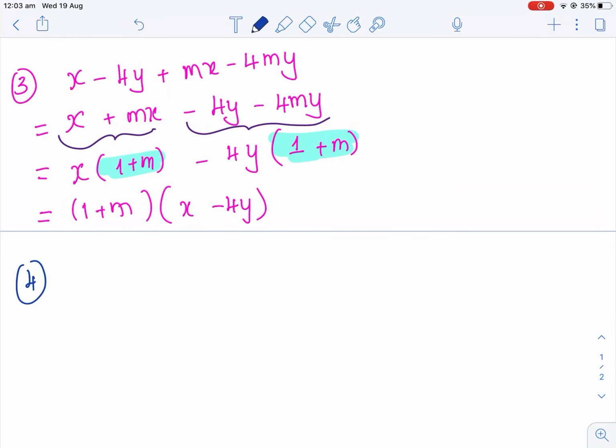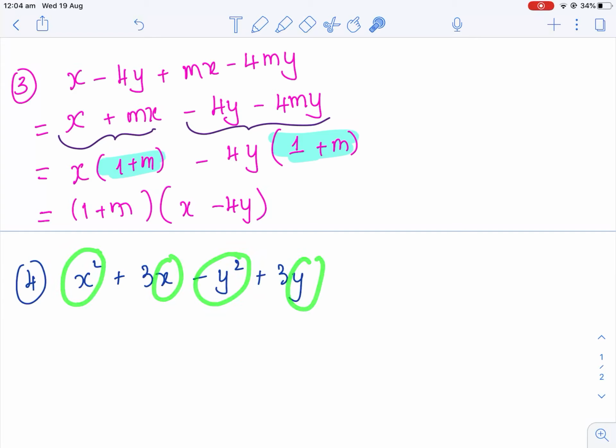Question 4. I have x squared plus 3x take away y squared plus 3y. Again, there are 4 terms in here: x squared, x, y squared, y. There are no like terms, so we can't collect them. But we can look for common factors. And I found that the common factors here are x for this one and y for this one.